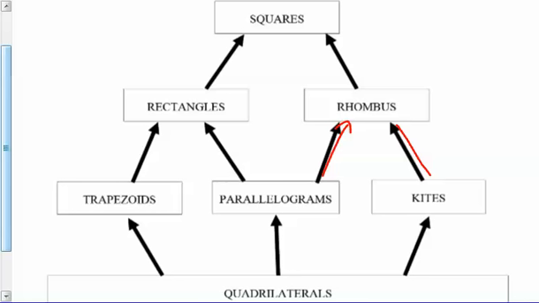And of course, squares up here on the top, they're the most special of all. They combine all the properties of rectangles, rhombuses, trapezoids, parallelograms, kites, quadrilaterals, all that stuff comes together to make a square.